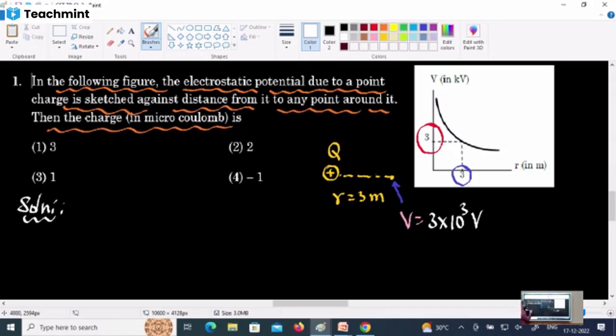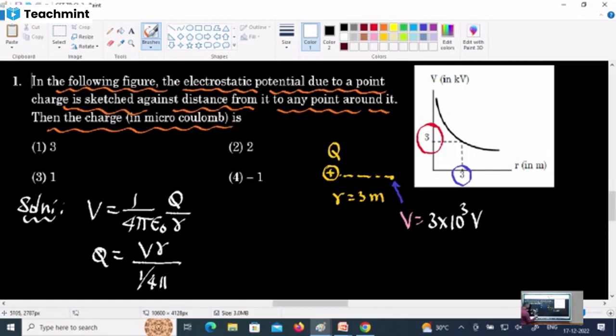Potential due to a point charge is V equals 1 by 4 pi epsilon naught Q divided by R. Among this, Q is to be found, so Q equals V times R divided by 1 by 4 pi epsilon naught. V is 3 into 10 to the power of 3, R is 3, and 1 by 4 pi epsilon naught value itself is known as 9 times 10 to the power plus 9.